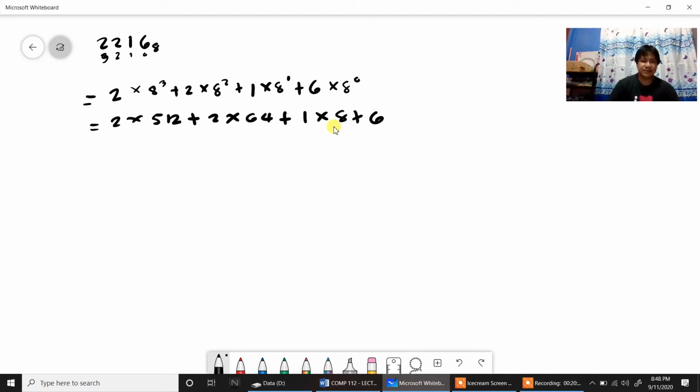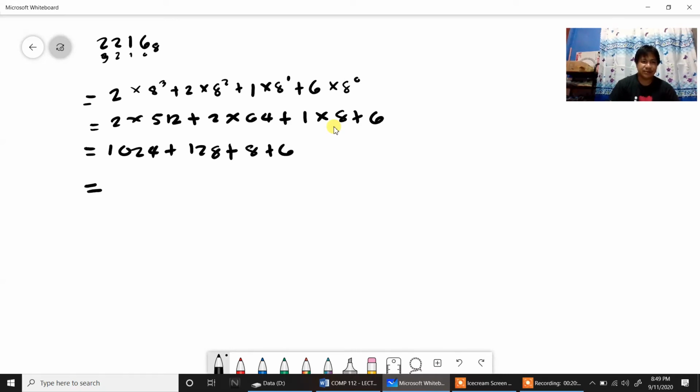Okay, so we will try to multiply. Sorry, so we have 2 times 512 is 1024. So 1024 plus 64 times 2 is 128. So 128, okay, plus 8 plus 6.